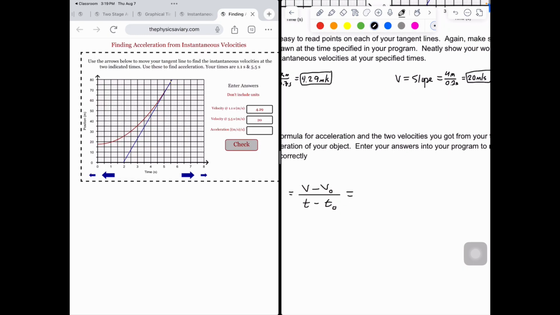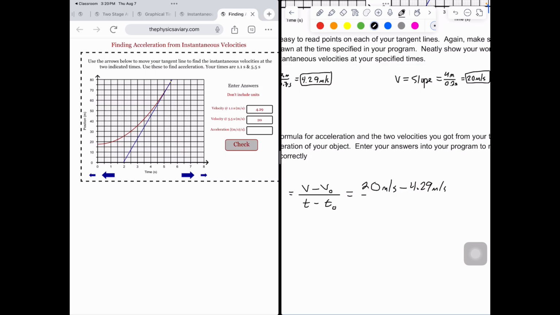So go ahead and enter that data into your acceleration equation. We're going to go 20 meters per second, because that's your final velocity, minus 4.29 meters per second, over t final, which is 5.5 seconds, minus t initial, which is 1.1 seconds.